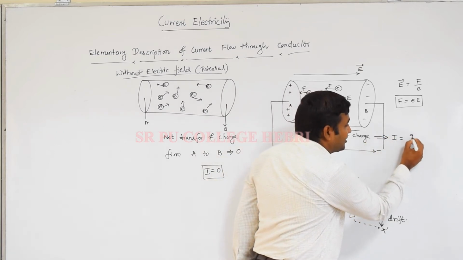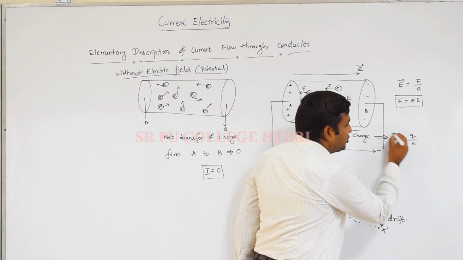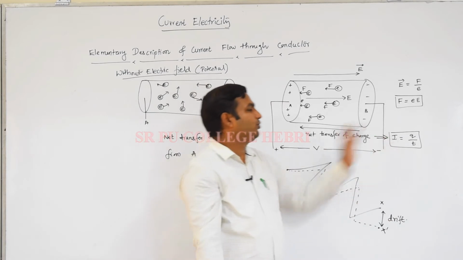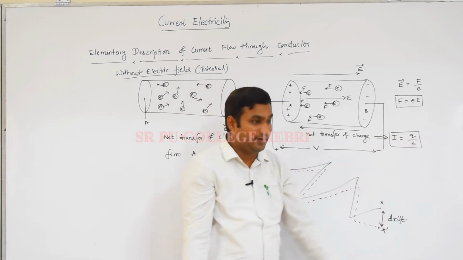Electric current is nothing but the rate of flow of charge. Under steady condition, we denote it as I is equal to Q divided by T.